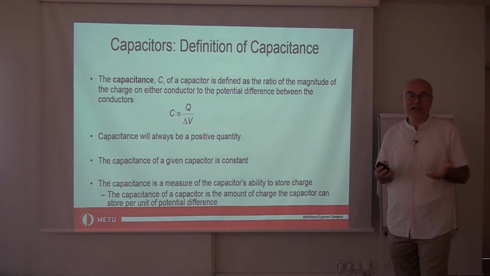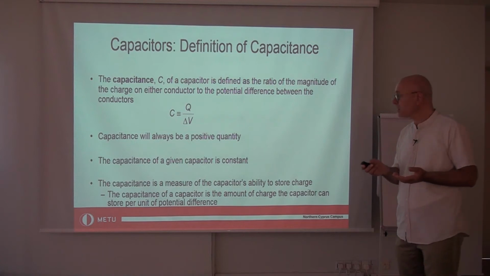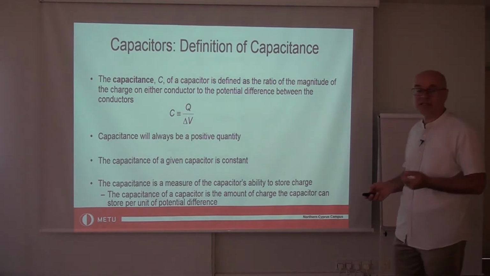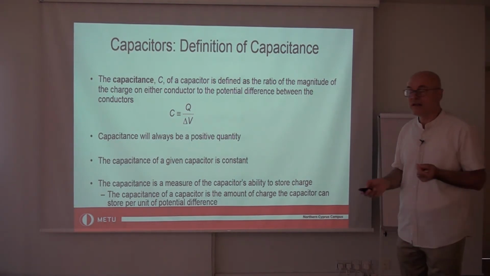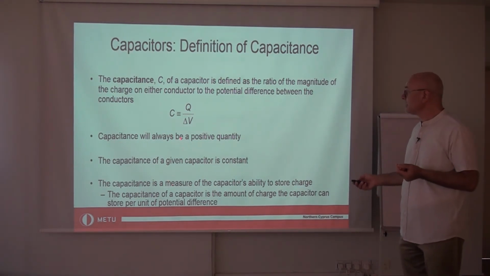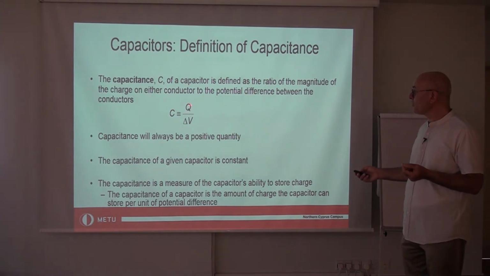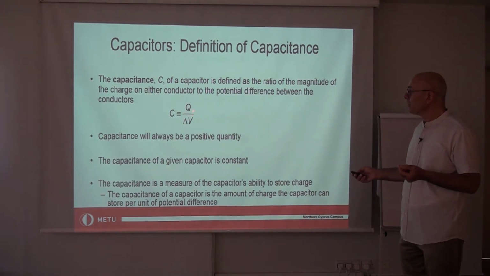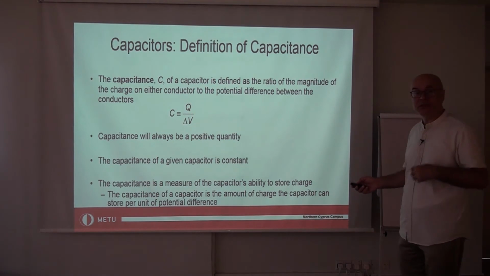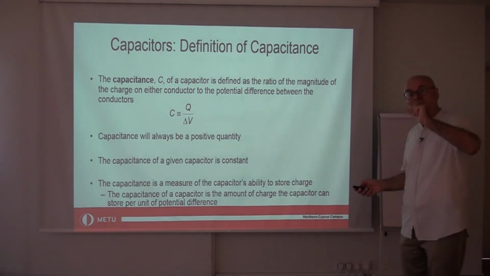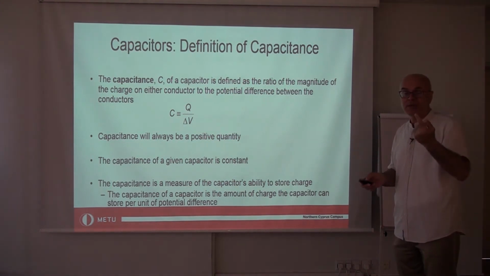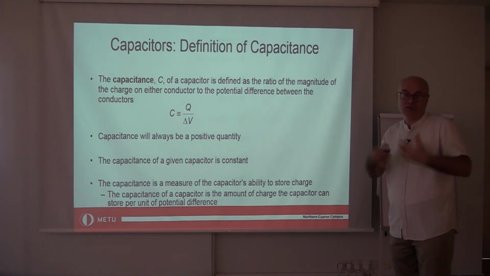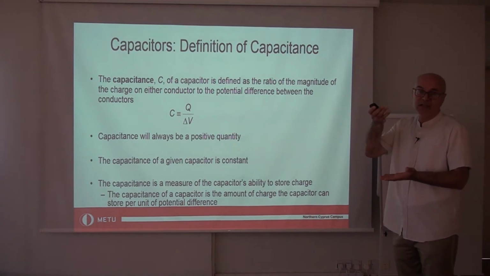Actually, this is not far from what's going on here, because the capacitance is a measure of the capacitor's ability to store charge. It is Q coulombs per volt. So it is how much charge you need to store in order to raise the potential difference between the plates by 1 volt.